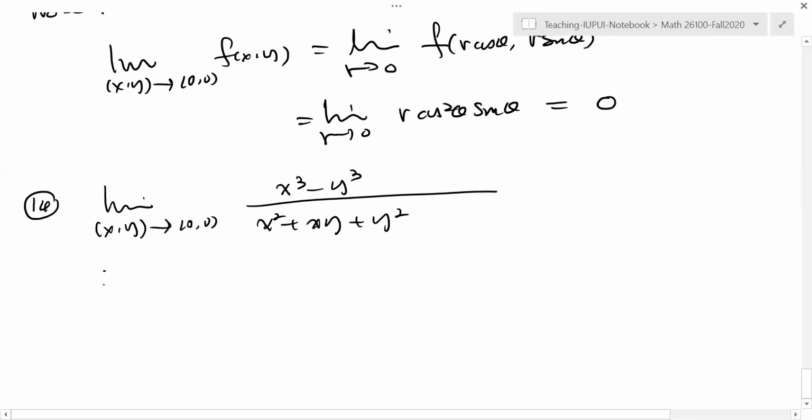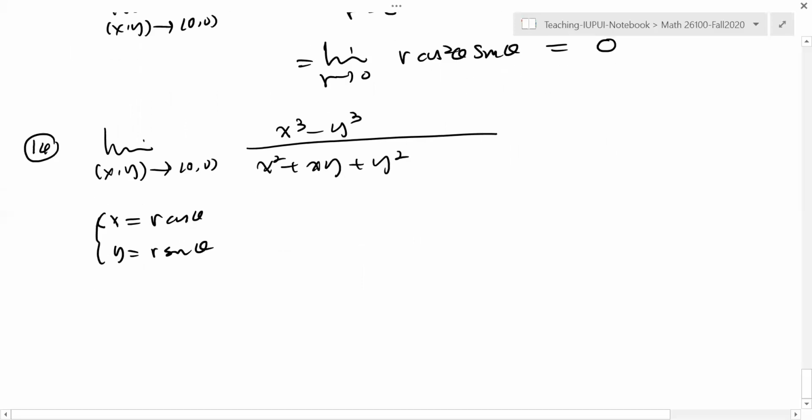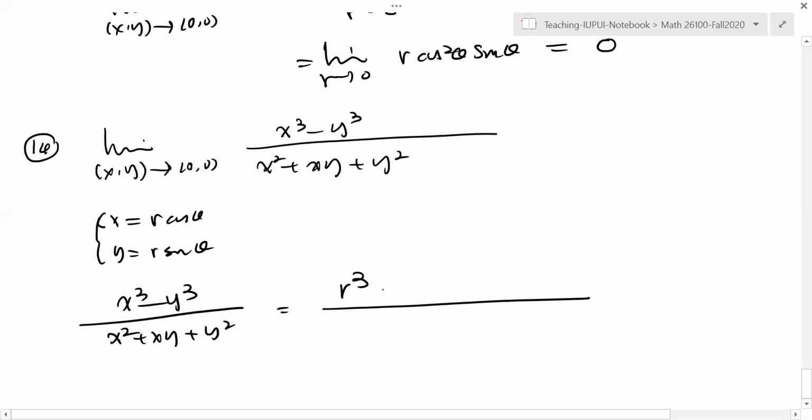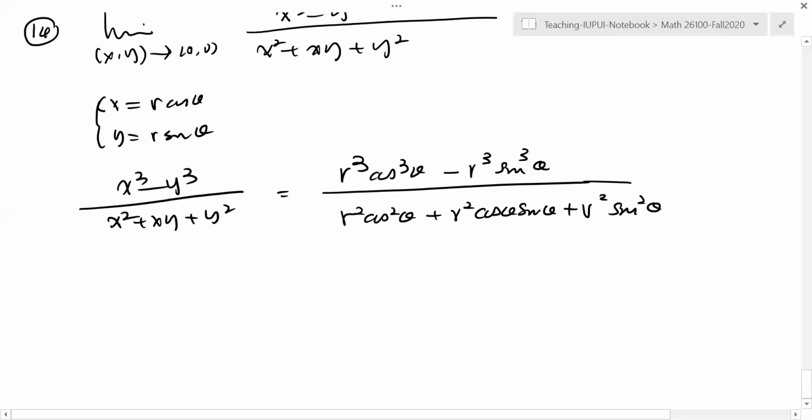I'm trying to do it different ways. Let x be r cosine theta and y be r sine theta. This is called substitution. So x cubed minus y cubed over x squared plus xy plus y squared: the numerator is r cubed cosine cubed theta minus r cubed sine cubed theta, and the denominator is r squared cosine squared theta plus r squared cosine theta sine theta plus r squared sine squared theta.